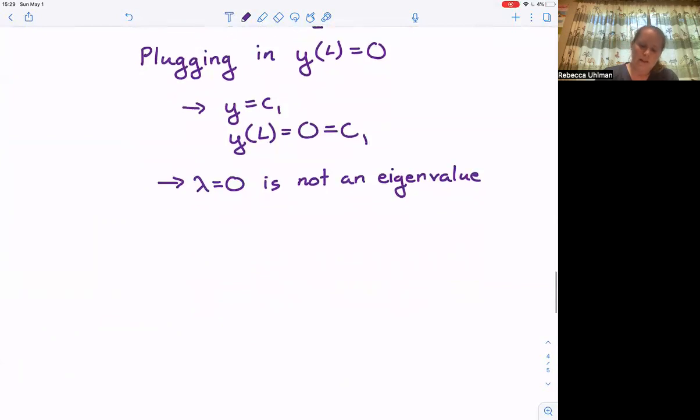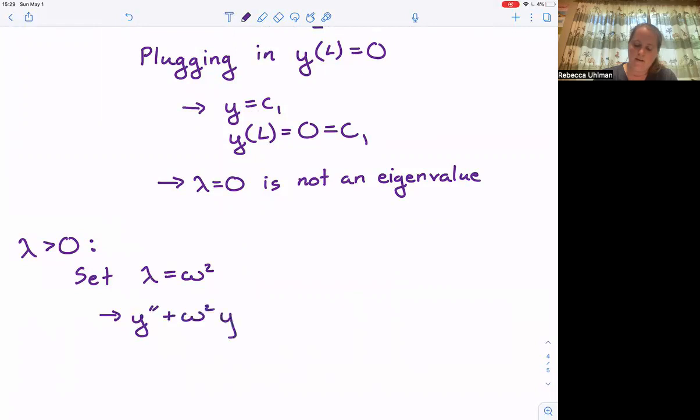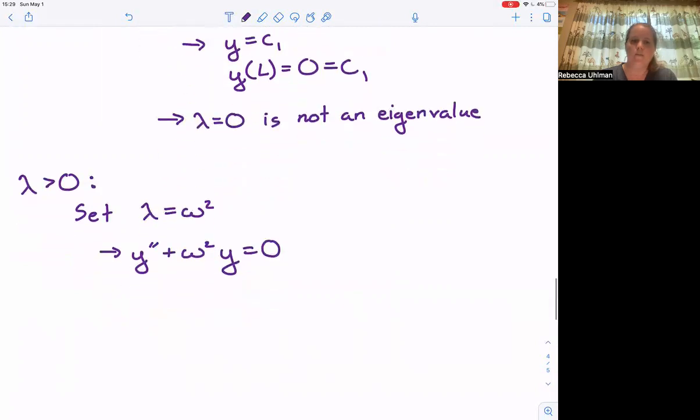Finally, we look at the case where lambda is greater than 0. For lambda greater than 0, once again, we will set lambda to be omega squared. We are looking at y double prime plus omega squared y is equal to 0.